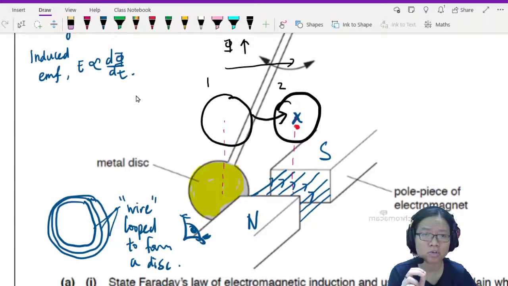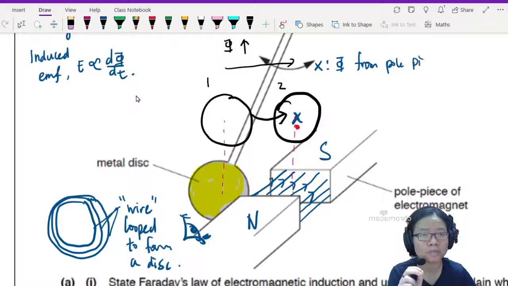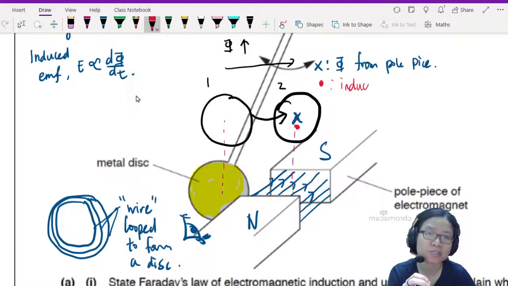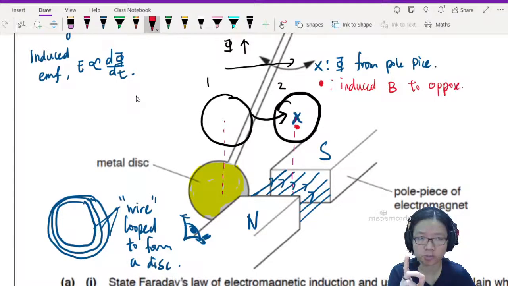Okay, so I'm just going to put a legend here for you. This cross here is the magnetic flux from the pole piece, and the dot is the induced magnetic field to oppose the flux increase.